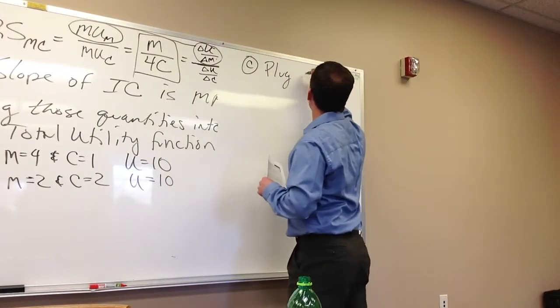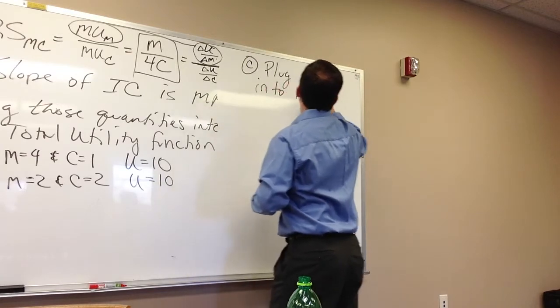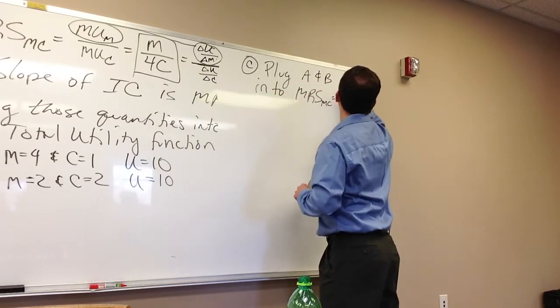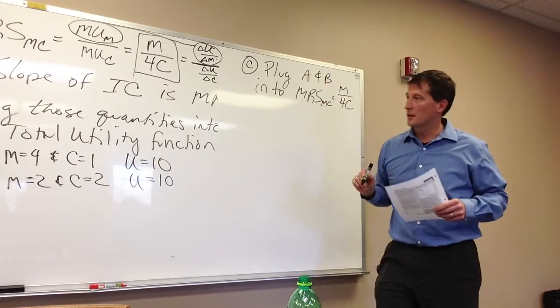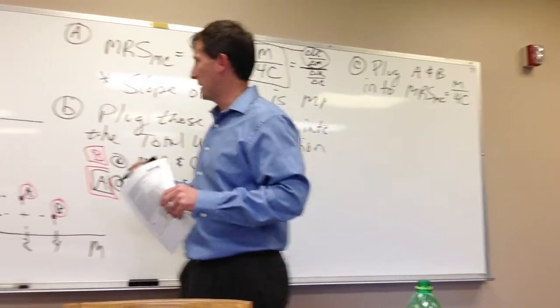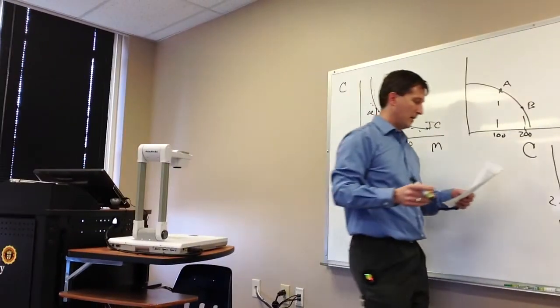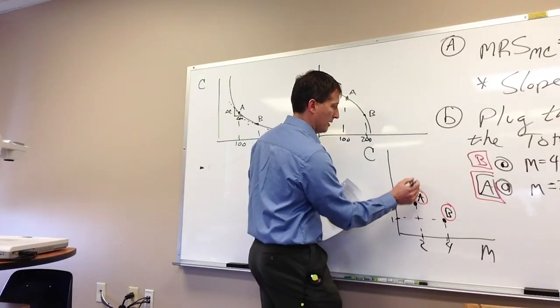So plug A and B into MRS, marginal rate of substitution equal to M over 4C. What'd you find out for the slopes at A and B? It's 1/4 at A. Okay.